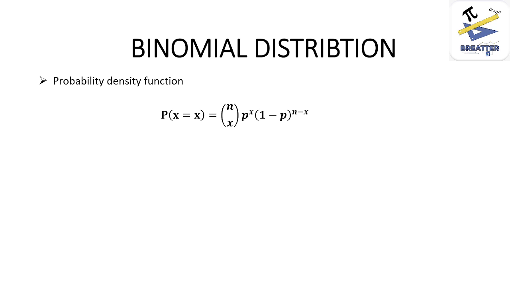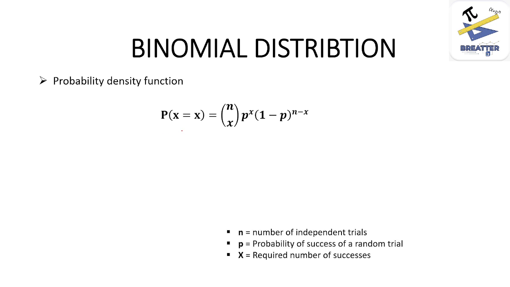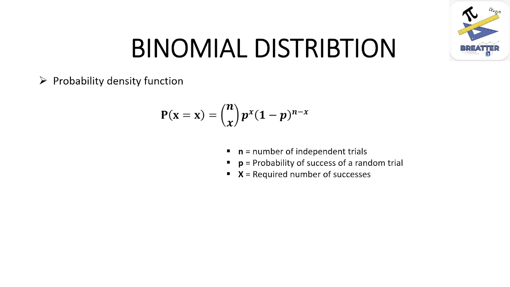As we can see on the screen, the probability density function of the binomial distribution is depicted. So what are the parameters? N is the number of independent trials, P is the probability of success of a random trial, and X is the required number of successes.